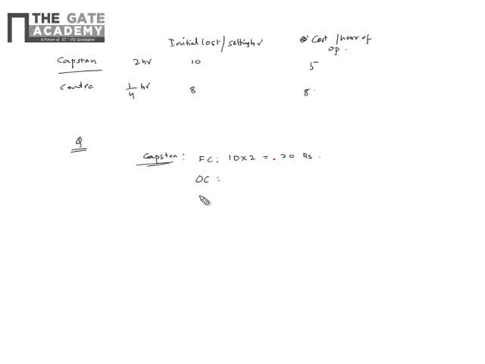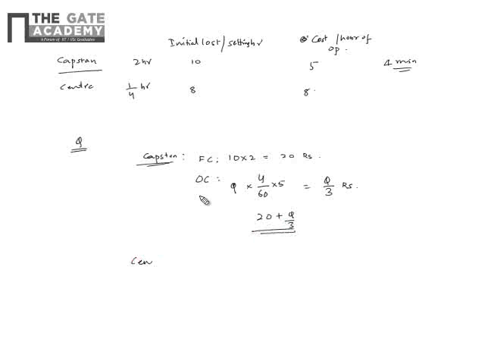Each component takes 4 minutes, so 4 by 60 hours per component, into 5, is the cost per component, which comes to Q by 3 rupees for Q components. So the total cost is 20 plus Q by 3 if you are using the capstan.